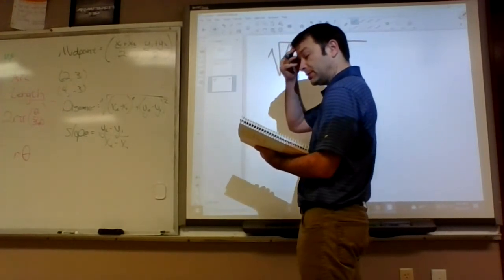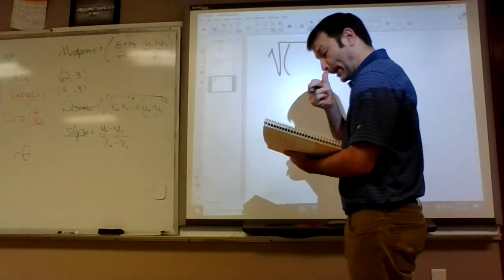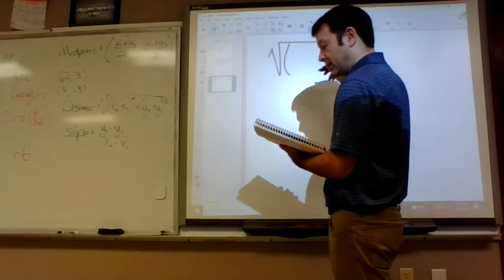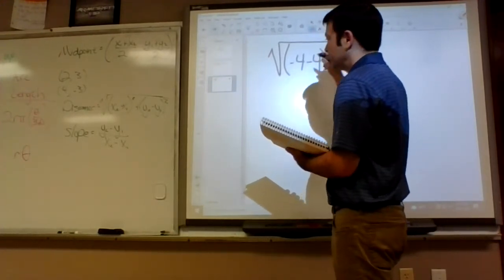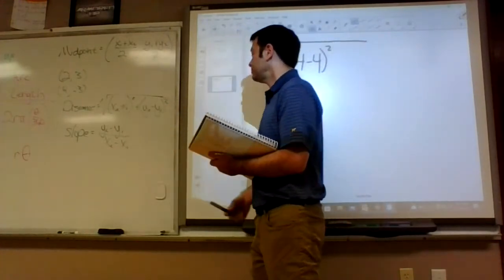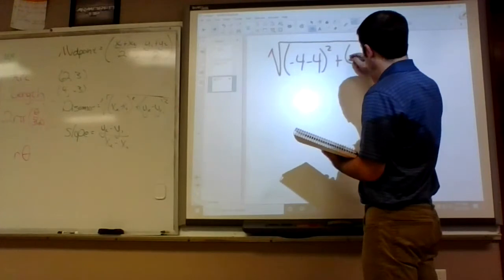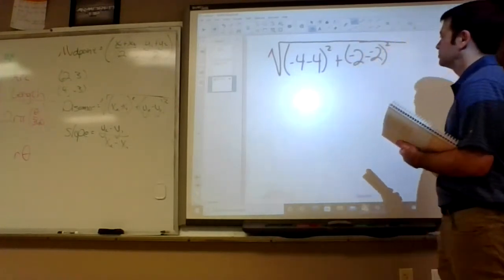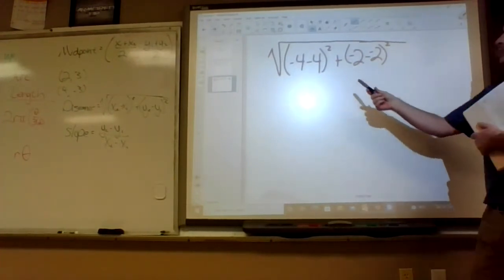AC, so let's see. A is -4, -2. And C is 4, -2. So I'm going to do -4 minus 4 for my x values, because we subtract. And then the y values are -2, -2. You could plug all that in your calculator at once. What's -4 minus 4?